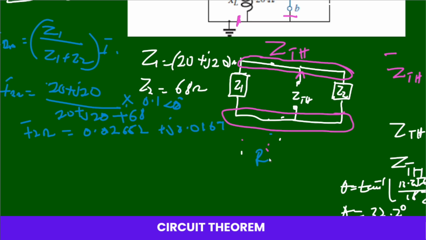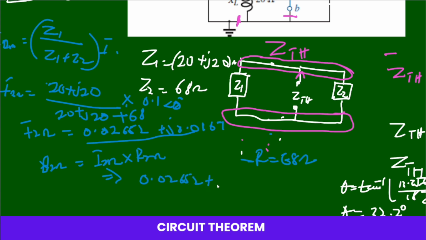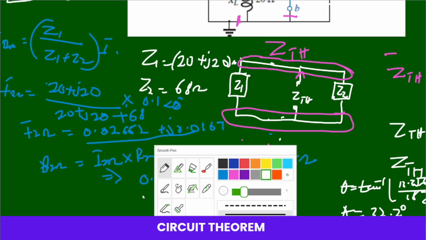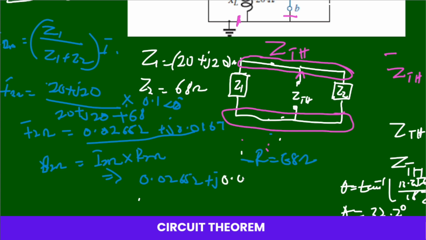Don't forget the resistance at that path was 68 ohms. It means that if you have the current, you multiply by the resistance, because the E in the 2 ohm will be equal to the current in the 2 ohm times the resistance in the 2 ohm, right? So it means that this one will give us the corresponding value of 0.02652 plus J 0.0167, all multiplied by 68, right?